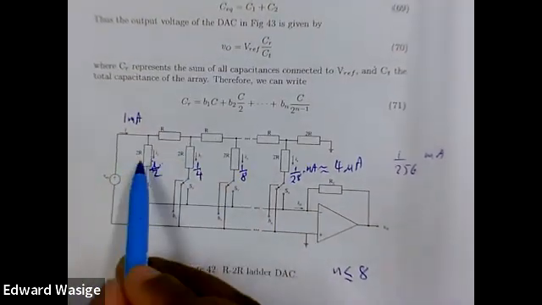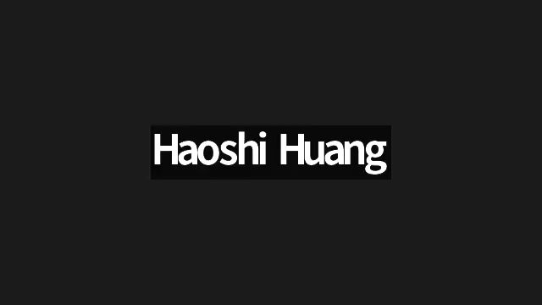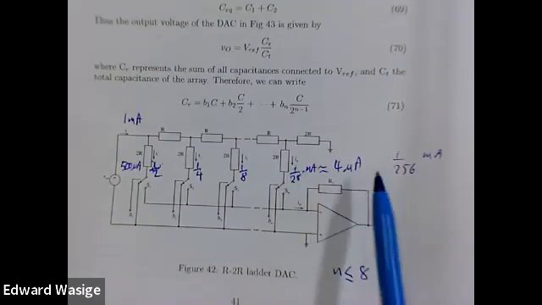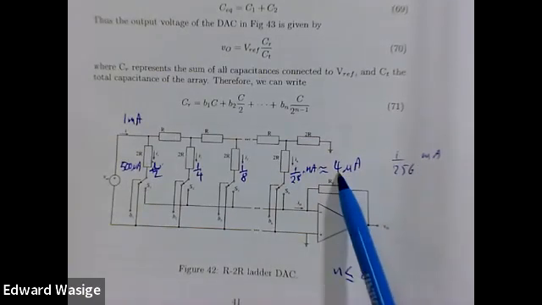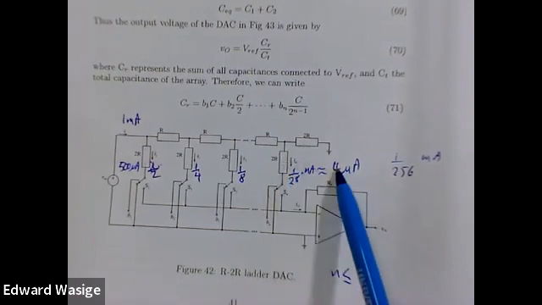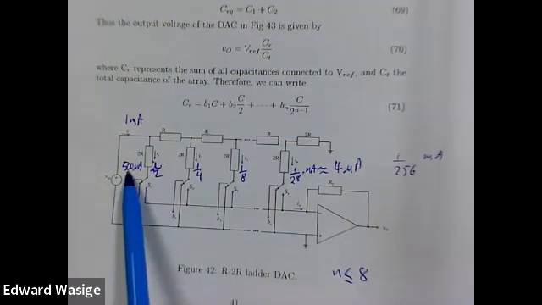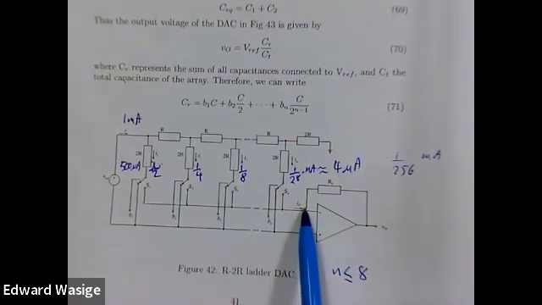So here we have 500 microamps flowing through for bit 1, and for bit 8 we have only 4 microamps. That's a huge difference in current, and this current is what determines bit 8, and this one determines bit 1. And all the currents sum up at this point.